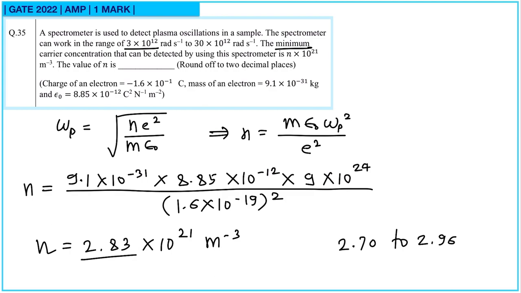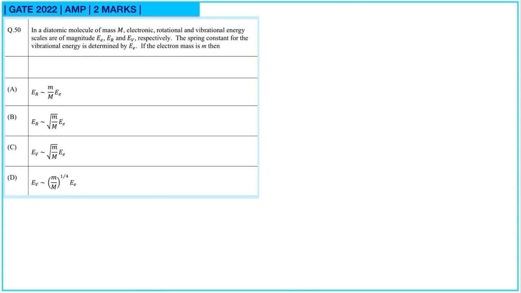Next question. A diatomic molecule of mass m has electronic, rotational and vibrational energy scales of magnitude EE, ER and EV respectively. The spring constant for the vibrational energy is determined by EE. If the electron mass is m, then we have to find the relation between these energy levels. Now ER is equal to ħ² upon I. If I consider the lowest possible case, then it will be ħ² upon 2I into j(j+1), but I am considering j is equal to 1.